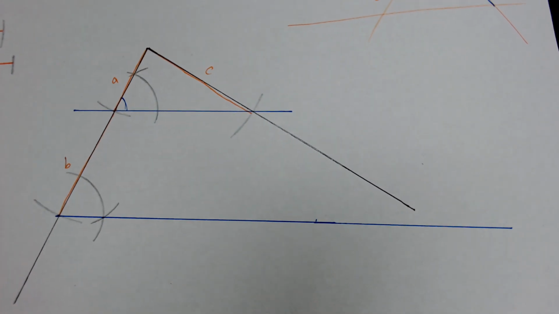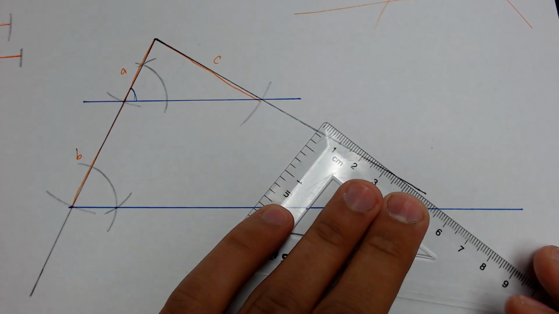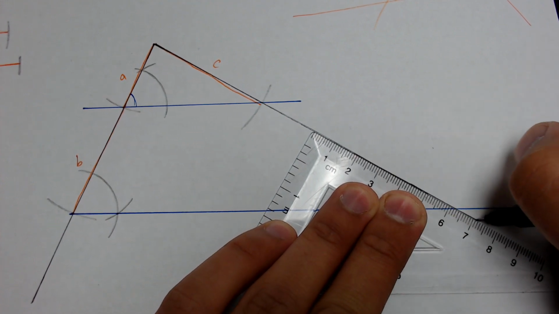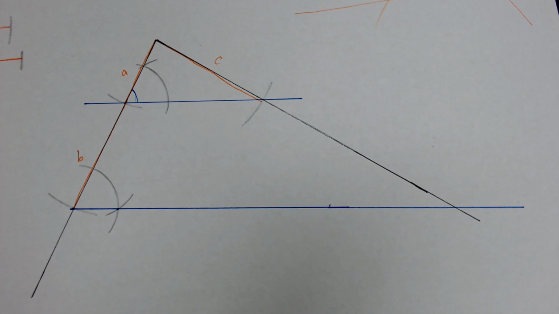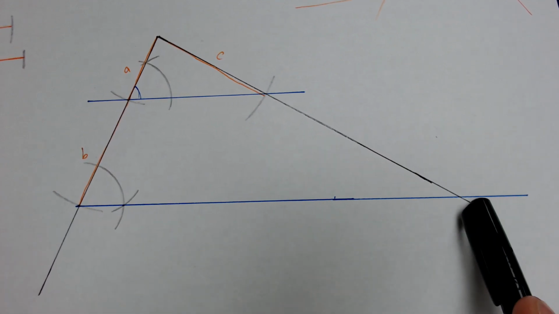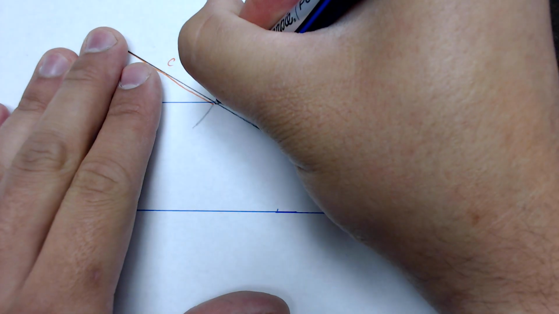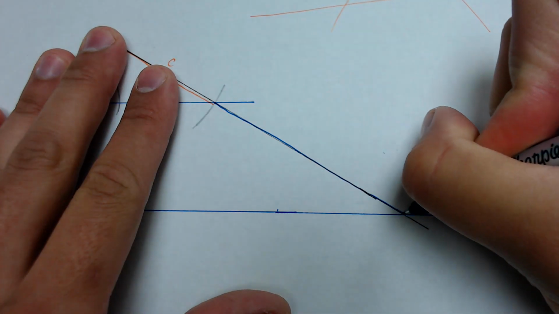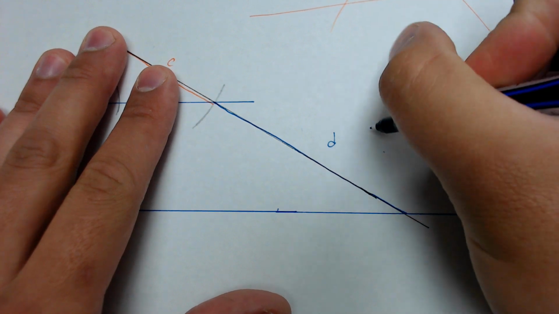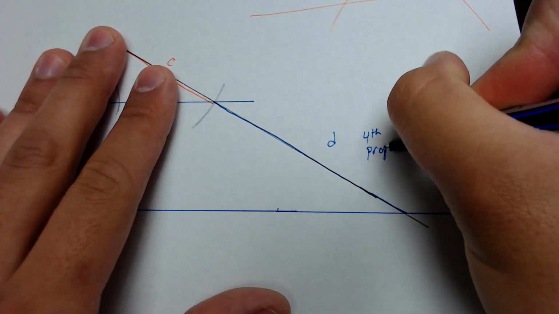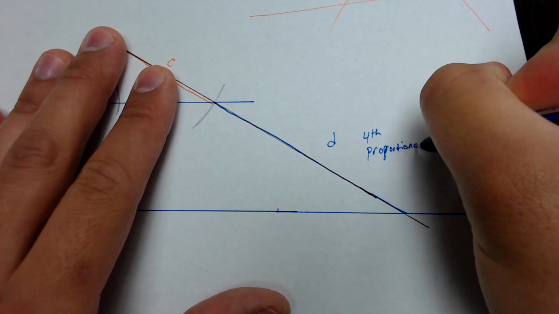So there's that, and I'll extend the black line. There. And where these two points meet is the end of section D. So this line I can now mark as D, or the fourth proportional. If I can spell proportional correctly.